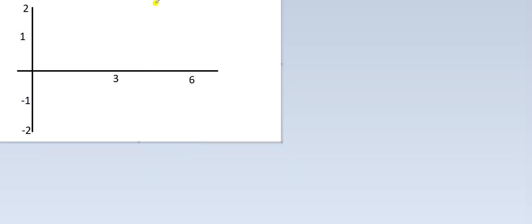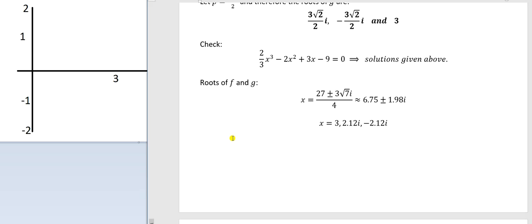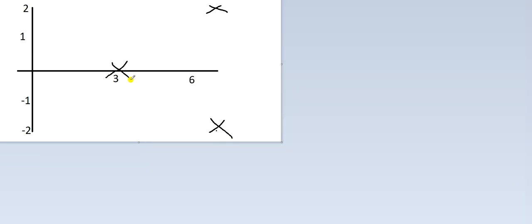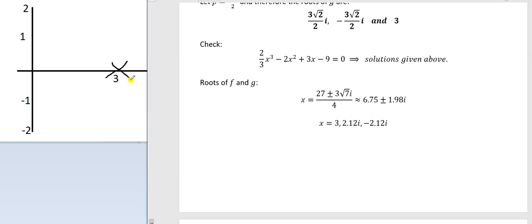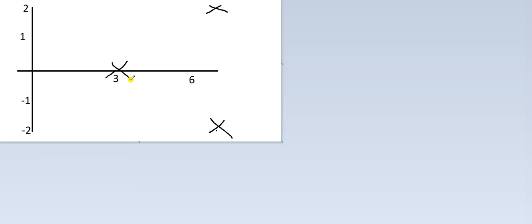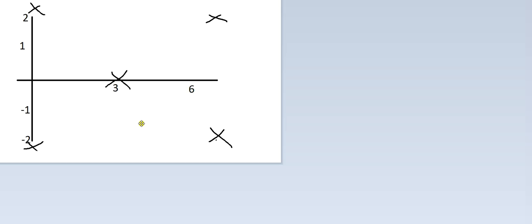So we're going to have 1 point about here, 1 point down here. Those are the complex conjugate roots of the quadratic. Then we have 3, which is purely real, and we have plus or minus 2.12i. So that'll be just a little higher up than we've got here, a little lower down than we've got here. That should do.